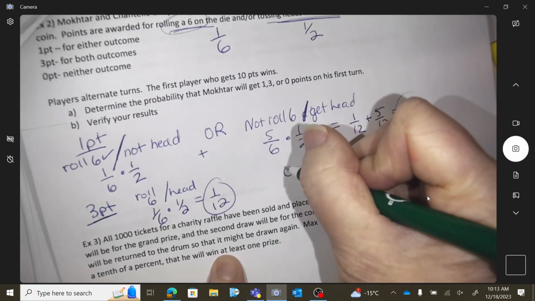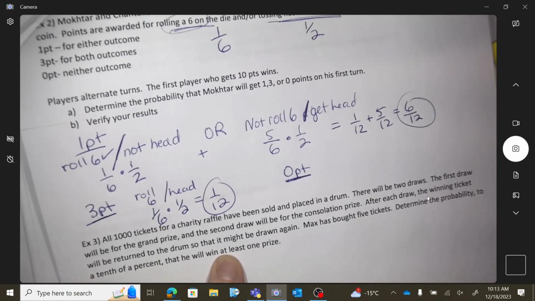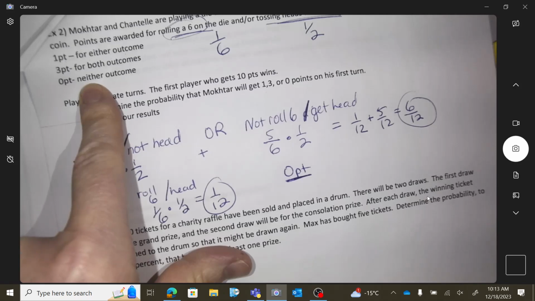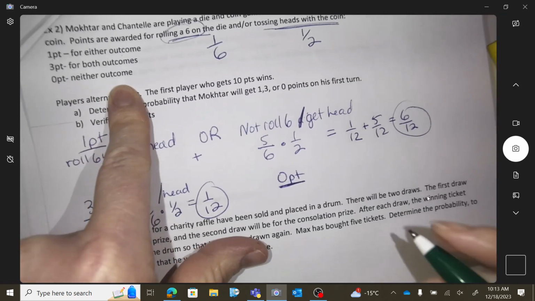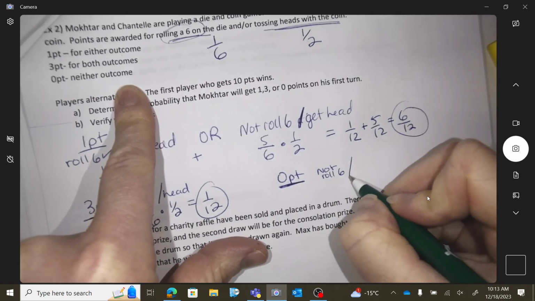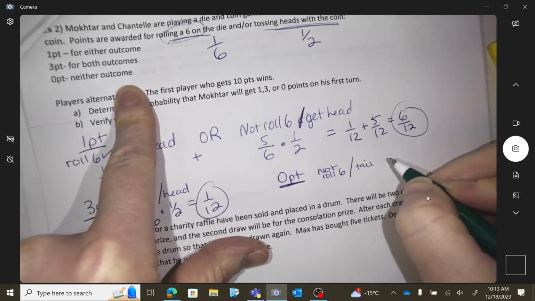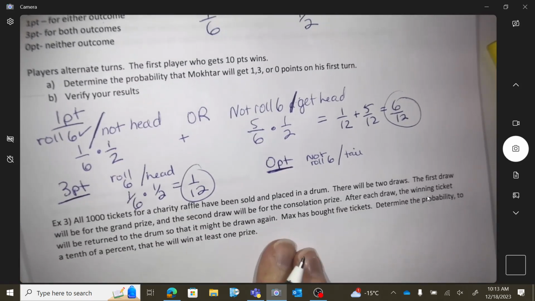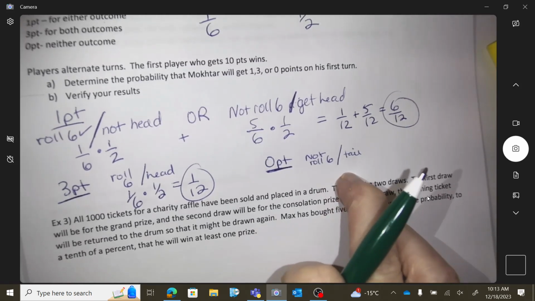Okay, to score no points in this game, you want neither thing to happen. So I need to not roll a 6, and I need to not get a head, right? I need to not be rolling a 6, and I need to not be getting a head.